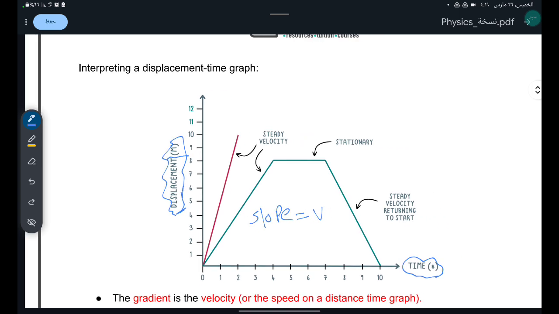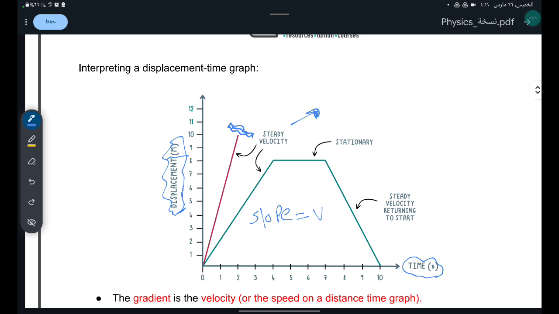So the displacement-time graph represents velocity. The kind of velocity depends on the curve. This straight red line represents a steady velocity, or a constant velocity.